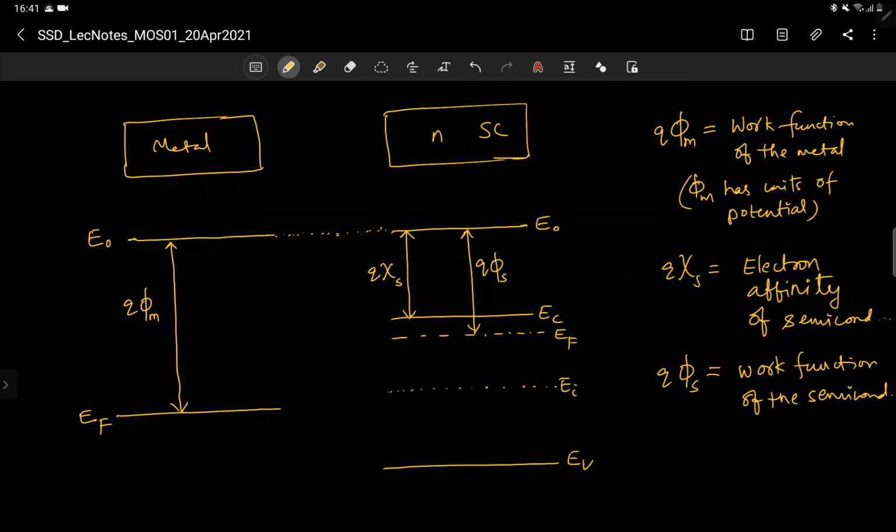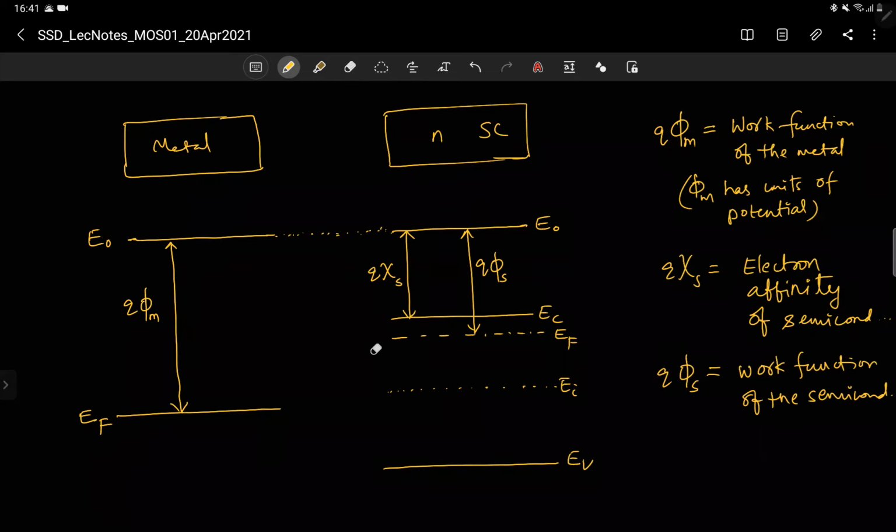Let us focus on electrons itself. Since metal has more electrons and the n-type semiconductor has fewer, can we say that electrons flow from metal to n-type semiconductor? No, we cannot say that the net flux of electrons will be from metal to semiconductor just because the concentration is high on the metal side. Why?